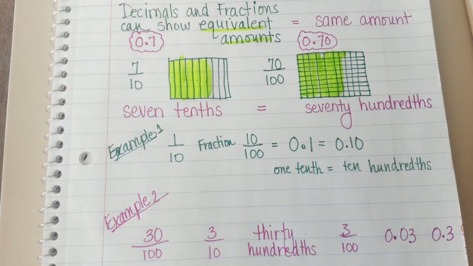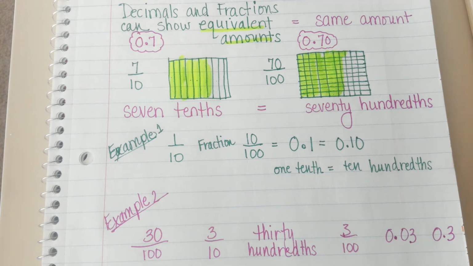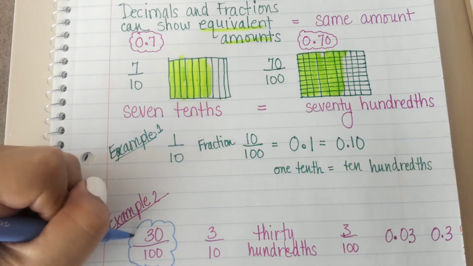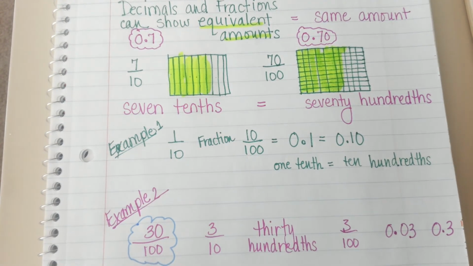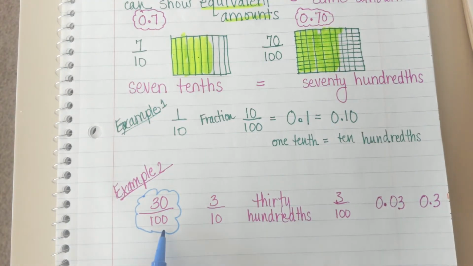Got 3/10ths. All right. So the way this works is we're going to circle equivalent ways to represent 30 hundredths. If you divide by 10, you're going to get 3/10ths.